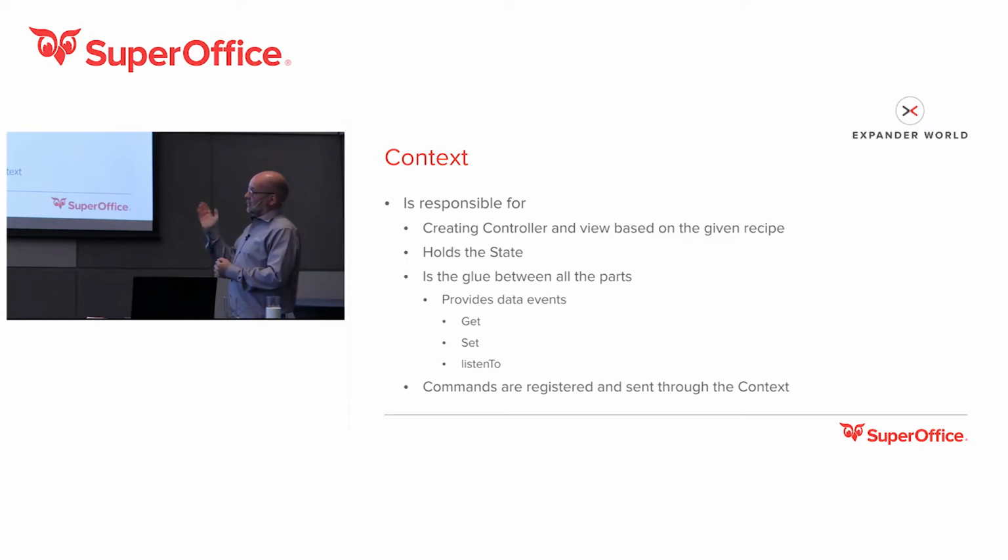So there we have the listen to, which is basically a data binding, when you register that you want to listen to this and this data change. And it also is the hub for commands. You have the concept of sending commands between components, controllers and contexts, and that is done through the context.